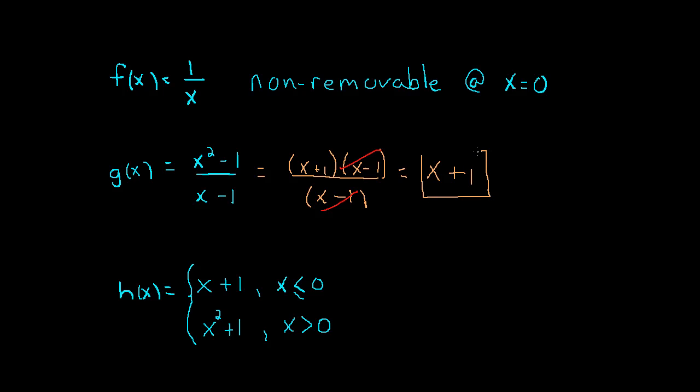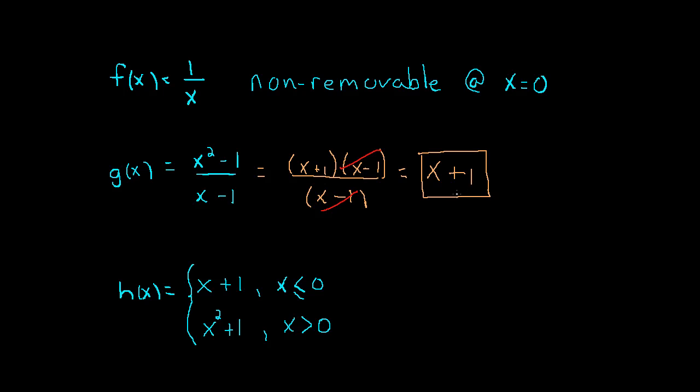So it looks like this function here and this function here are identical functions with the exception of maybe one point, and that one point is going to be 1. 1 is not in the domain of this function, but 1 is in the domain of this function.